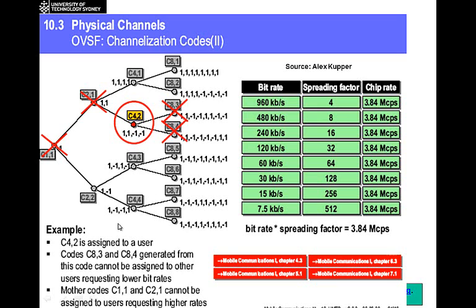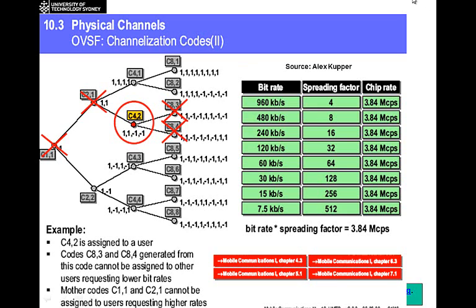If you were to allocate 4.2, C8.3 and C8.4 cannot be assigned to other users, and the parents, which correspond to C11 and C21, cannot be allocated. So in allocating this code, approximately 1/4 of the available codes cannot be used.